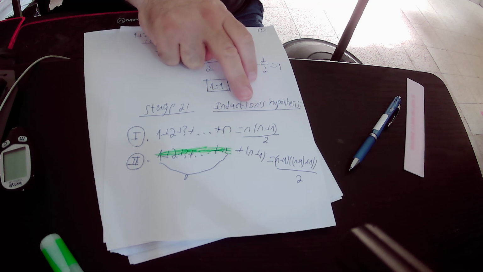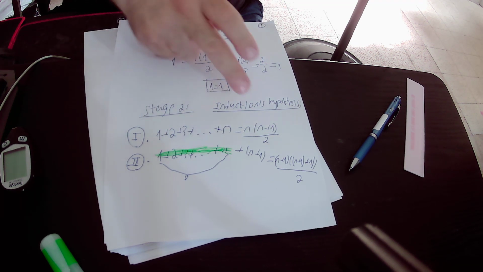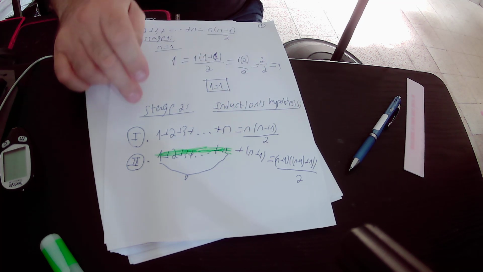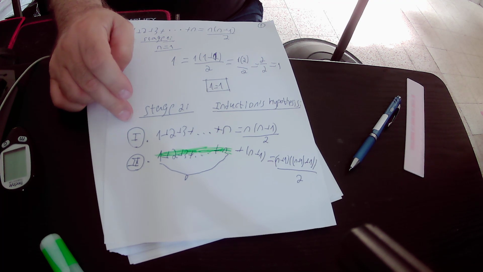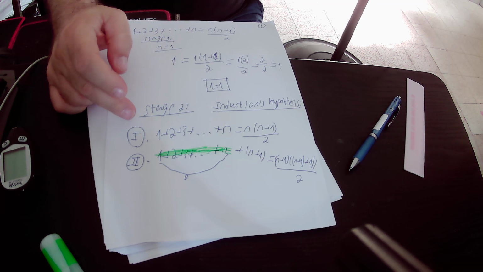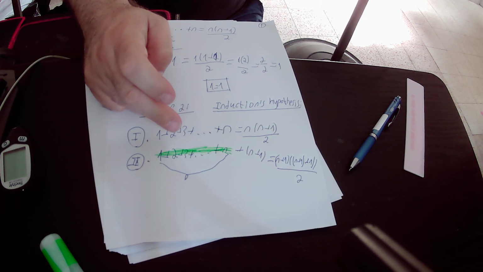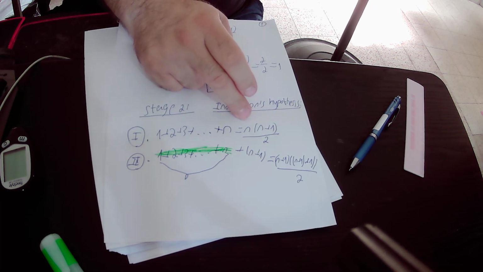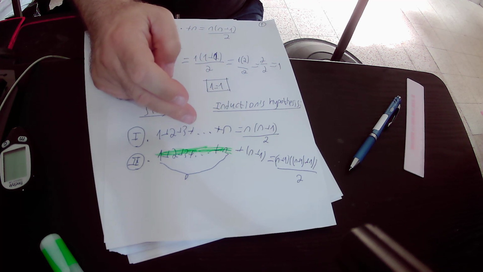So we can replace or substitute this expression by n times n plus 1 divided by 2, because according to our assumption this statement is true for n, yes?